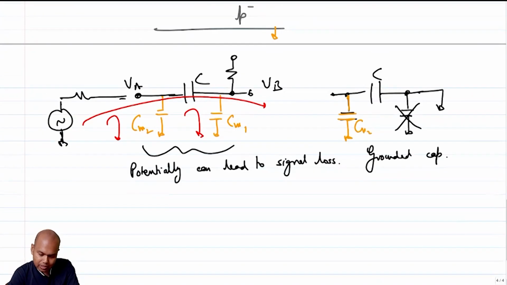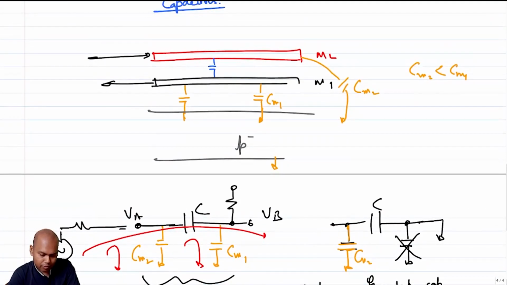But you should at least be mindful of the fact that if you choose to use capacitances between multiple metal layers, then you might end up with capacitances which are not uniform from one metal to the other, right? The other thing that you have to keep in mind is that the lower the metal layer, the higher is the parasitic capacitance. That's obvious, because the lower the metal layer, the closer you are to the substrate, so you have higher parasitic capacitance and more loss.